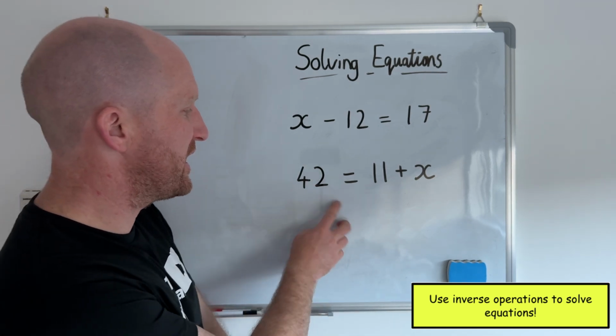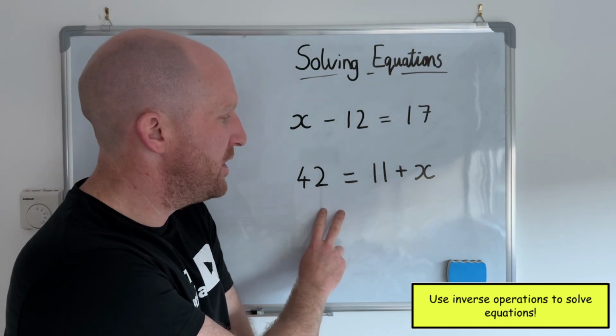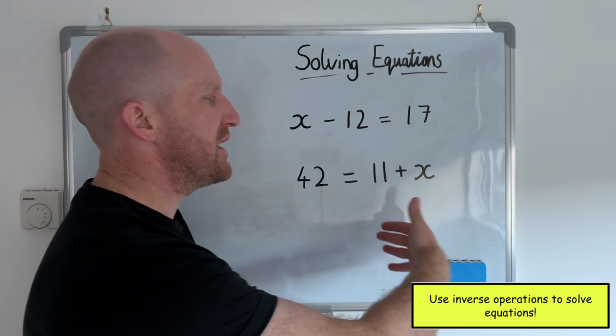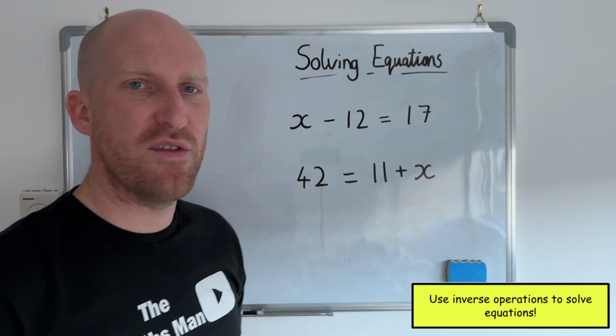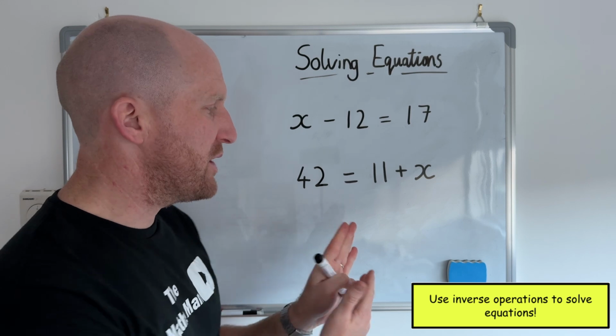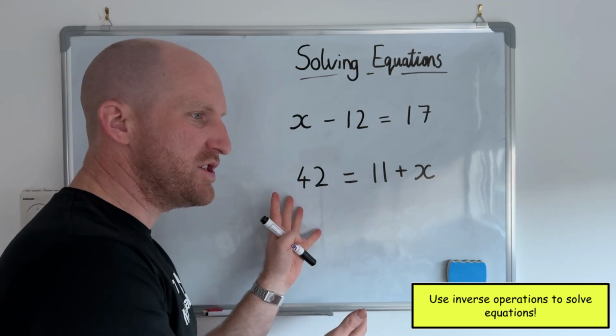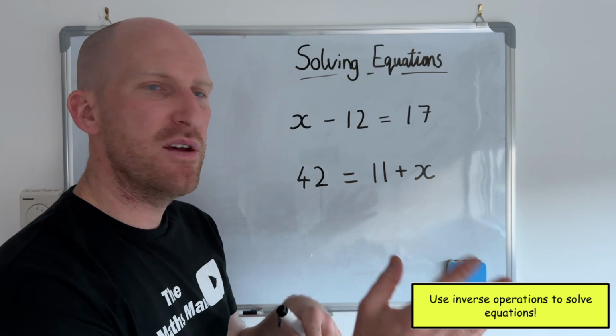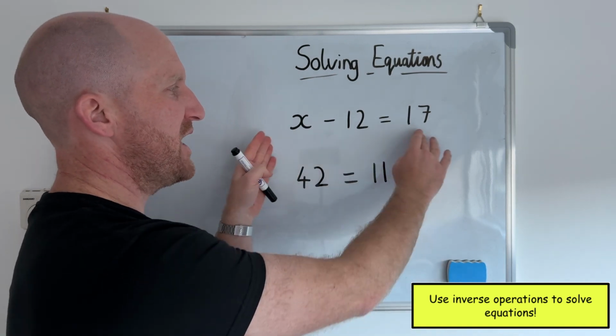So on this one here, can you see how it says the number and then equals? Okay, we're used to seeing the equals sign come at the end, and with algebra that doesn't always happen. But remember what that equals sign means: we have 42 on this side, and whatever this is must also make 42. So let's start with this one.